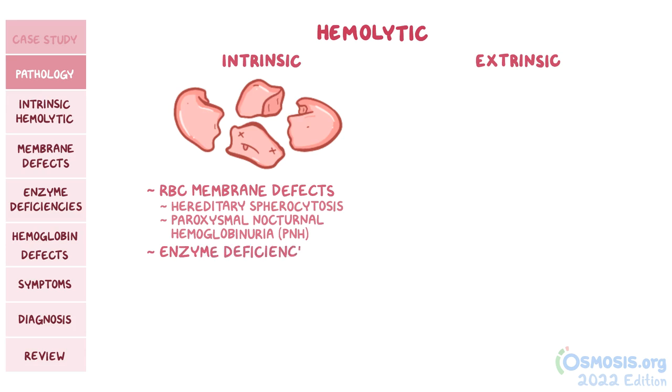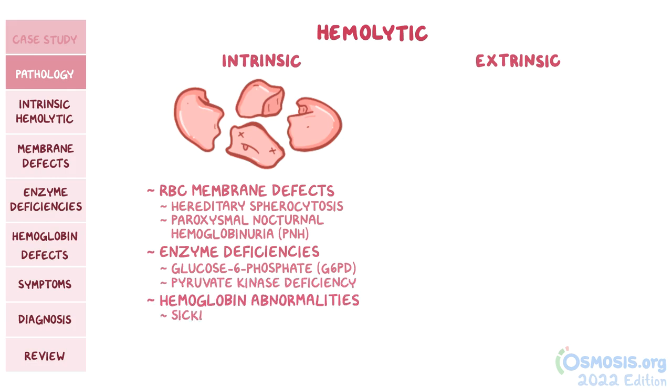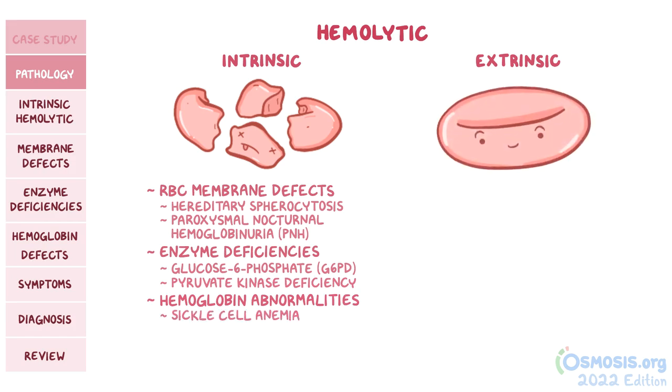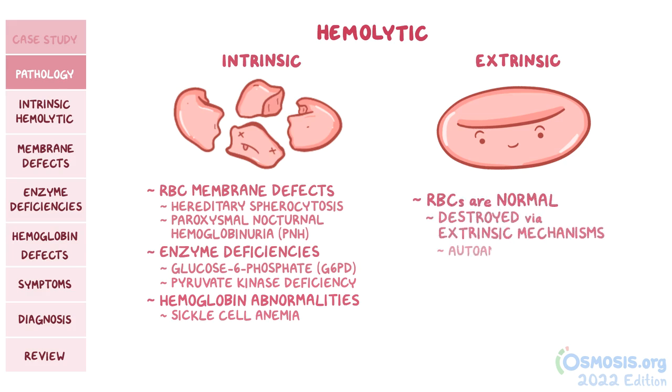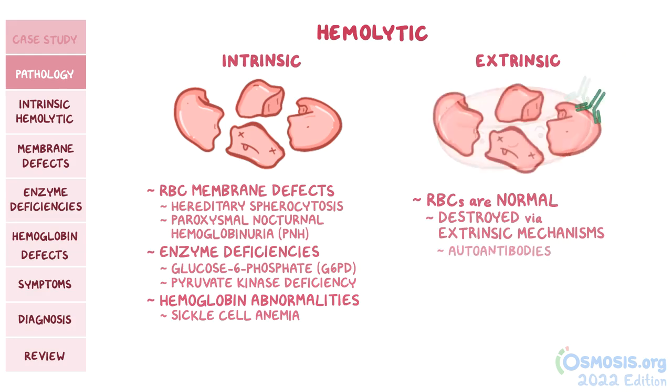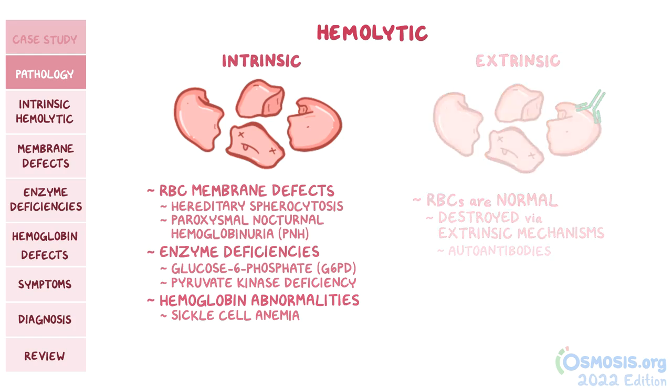Enzyme deficiencies, like in glucose 6-phosphate dehydrogenase or G6PD deficiency and pyruvate kinase deficiency, and hemoglobin abnormalities, like in sickle cell anemia. Now, in extrinsic hemolytic anemias, the RBCs are normal but are later destroyed via extrinsic mechanisms, such as autoantibodies directed against RBCs. In this video, let's focus on intrinsic hemolytic anemias.